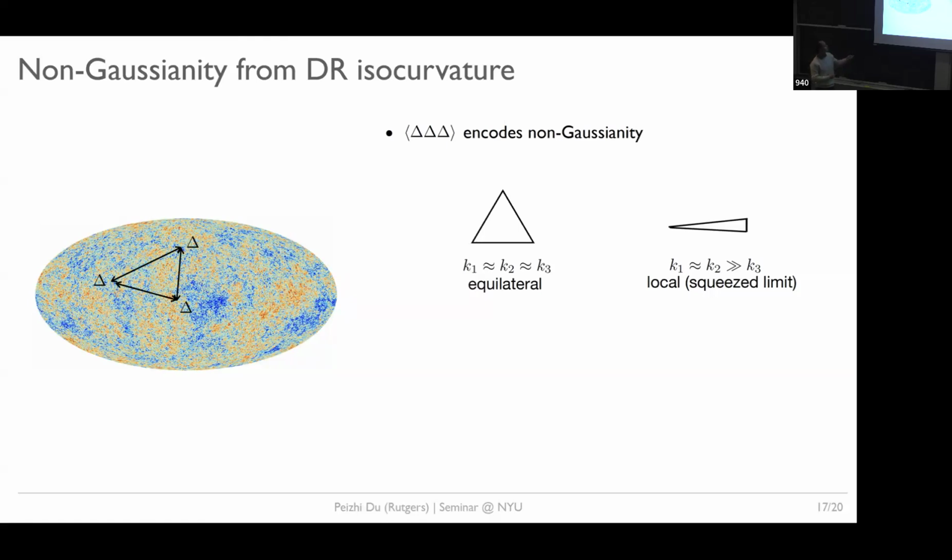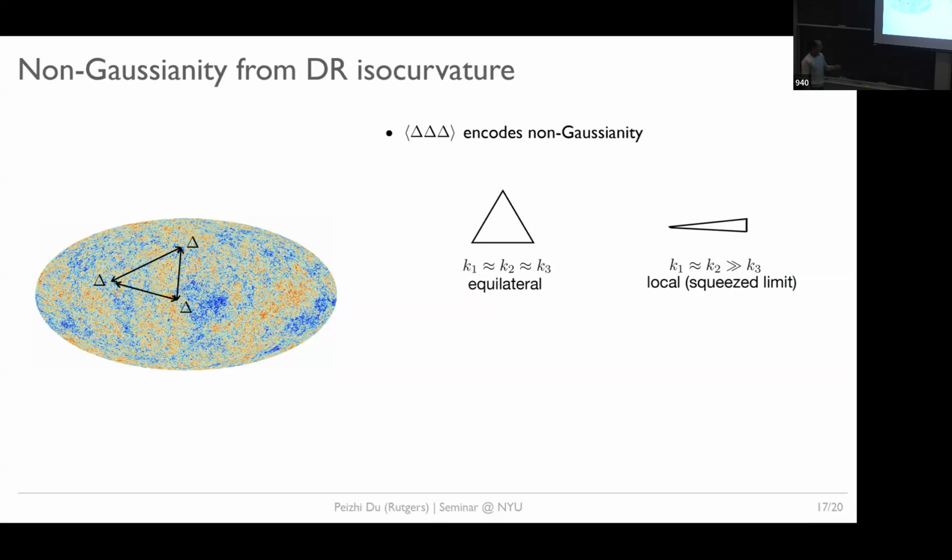For the 3-point function, you can measure three temperature fluctuations on the CMB sky and compute the 3-point correlation function. As I said before, standard inflation models predict the 3-point function to be vanishingly small, not exactly 0 but very small. So if you measure any non-Gaussianity from the 3-point function, that is a hint of new physics.